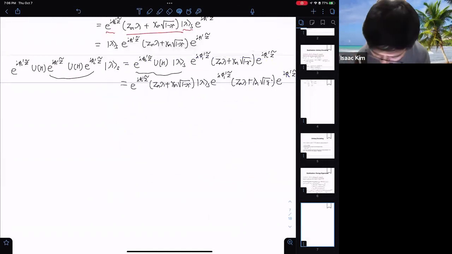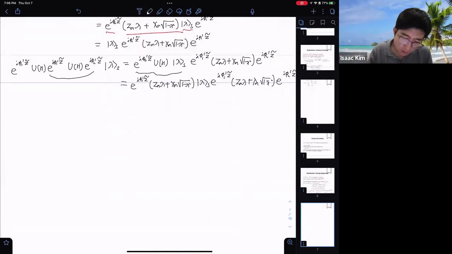Okay, yeah. So you can imagine if you repeat this many times, let's say n times, you're going to get a sequence of operators. Well, okay, so actually one last thing. Of course you can pull this lambda all the way to the left again.